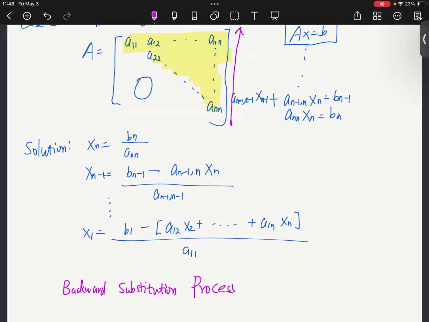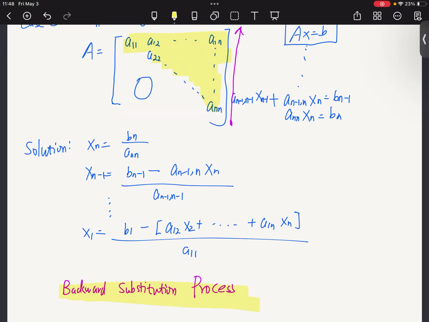I'm going to stop here. In the next class, I'm going to calculate how many operations we need to finish the calculation on the computer. For example, for the first step, we need to do one division, and that is one operation.